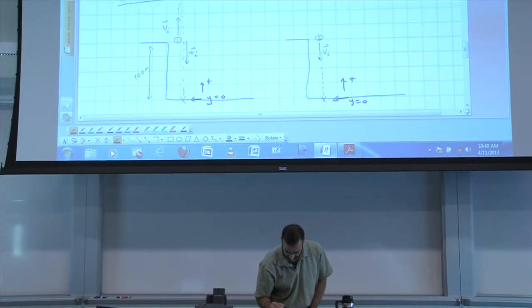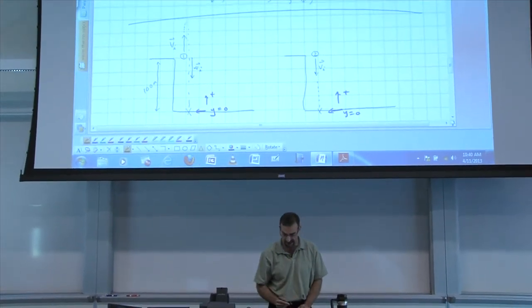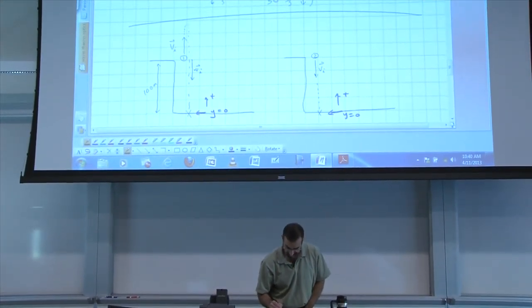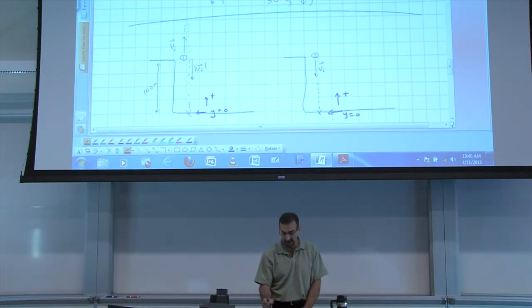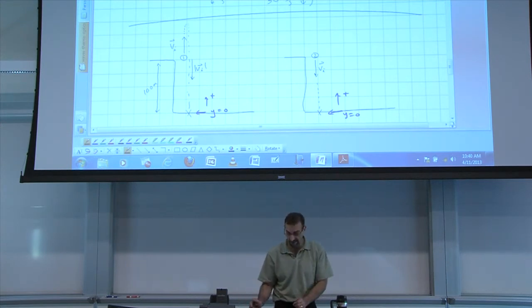Or I should say minus V initial, right? It's going the opposite direction. Here, I'll write as a magnitude. V initial has the same magnitude, but the direction's down. So it's going to be the same as case 2 from that point on, right? So they're going to have the same speed when they hit the ground, but the times are going to be different.